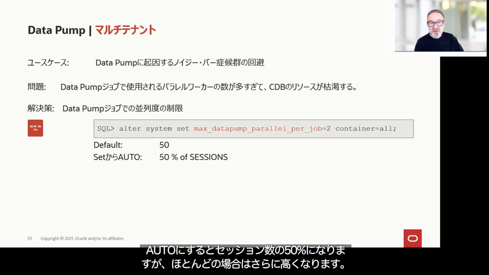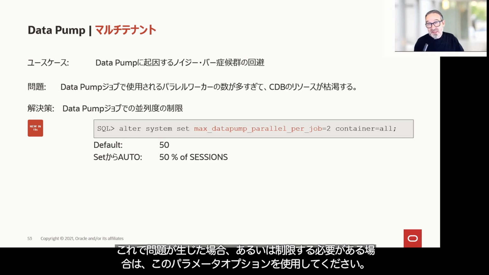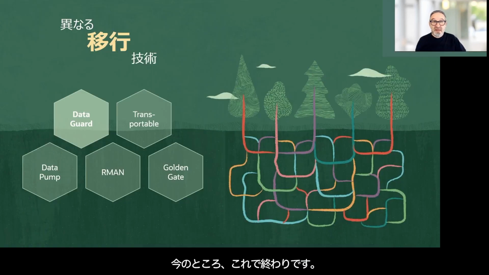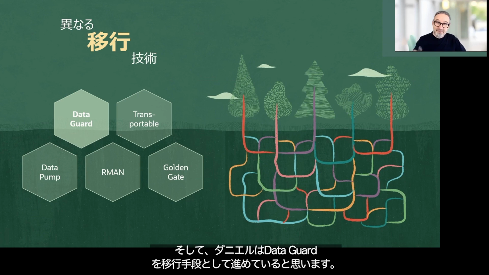So it's relatively high, or auto means 50% of the number of sessions, which is even higher in most cases. So if you had issues with that, or if you think there is a need to restrict that, use that parameter option. And that's it for now. And then I think Daniel is going on with Data Guard as a migration vehicle.